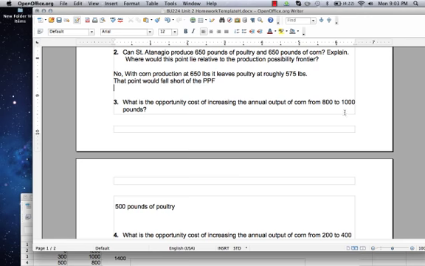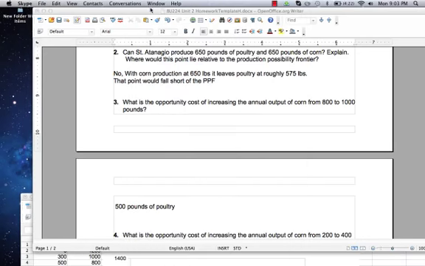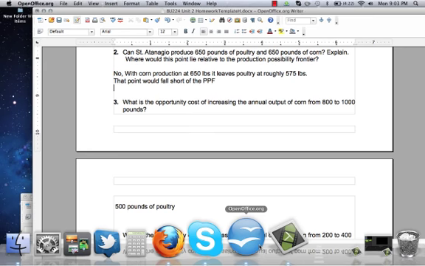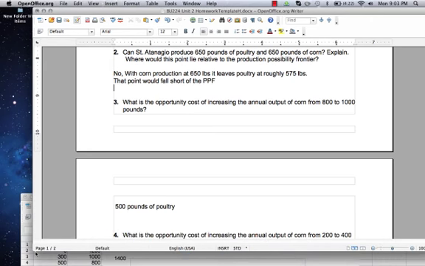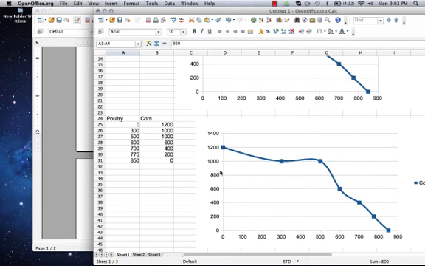For instance, if we were to take 800 and change it to 1,000, which, if it helps, I made a chart.